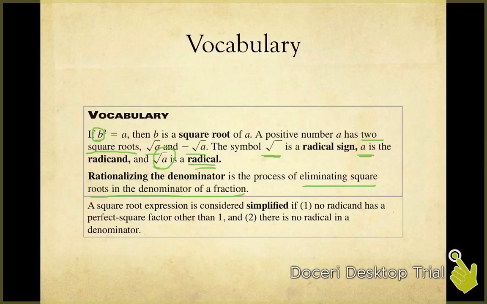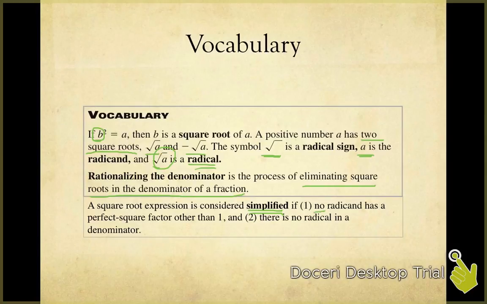Okay, and we'll talk about that a little bit, because an additional bit of vocabulary that I've added here is what does it actually mean to have a simplified square root expression? Because you noticed one of our objectives was that we need to have answers that are exact simplified answers. And so there's two criteria in order to be considered completely simplified.